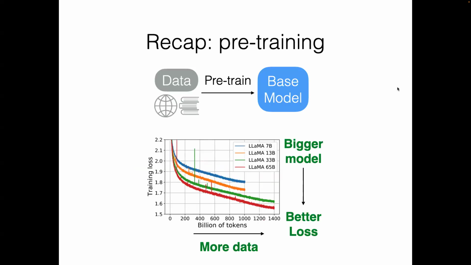If we recap pre-training, at a high level, we have some data, and then we perform pre-training with the maximum likelihood objective and get the base model.